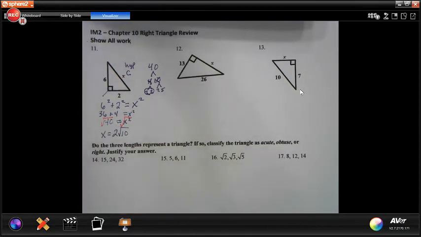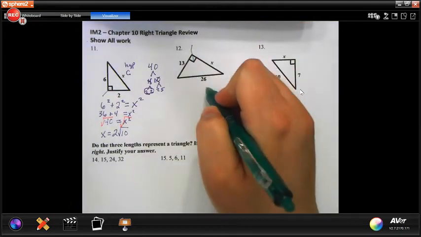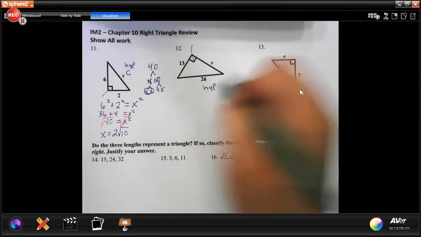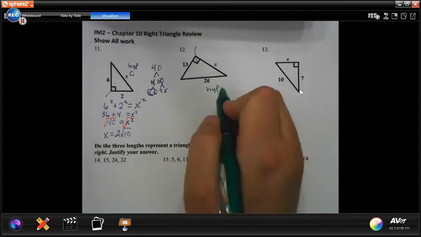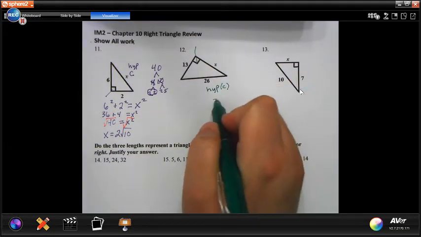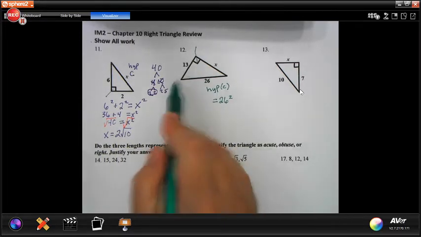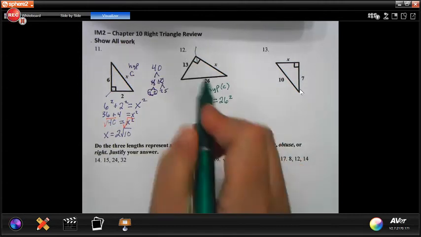Number 12. When we do number 12, we have to identify our c first. The right angle points to our hypotenuse, and our hypotenuse is our c. In this case, it's going to be 26. So we're going to have equals 26 squared. The other 2 sides, it doesn't matter which is which.